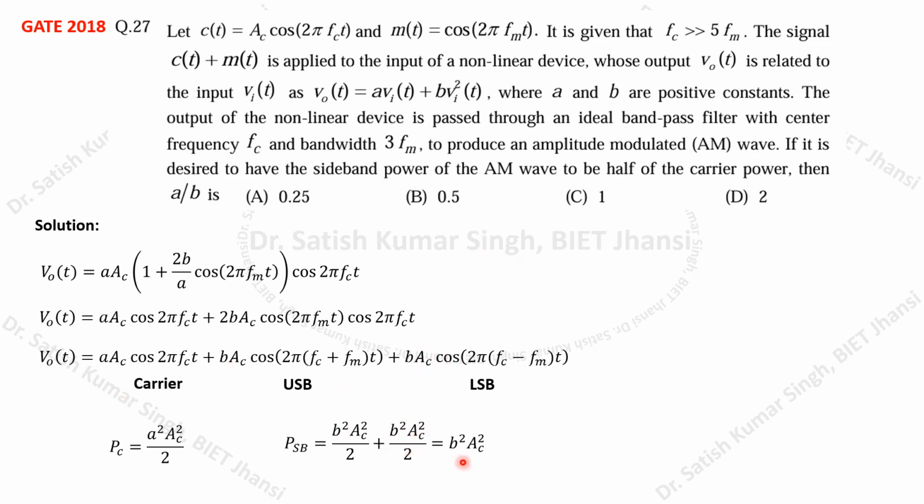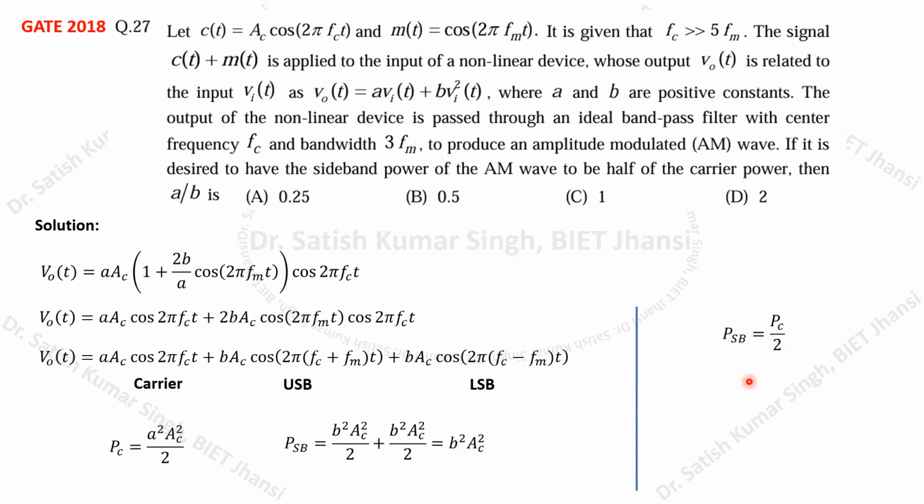So ultimately, the sideband power that we are going to get is B square Ac square by 2. As per the given problem, it is desired to have the sideband power of the AM wave to be half of the carrier power. So we just put this condition: the sideband power is equal to Pc by 2, half of the carrier power.